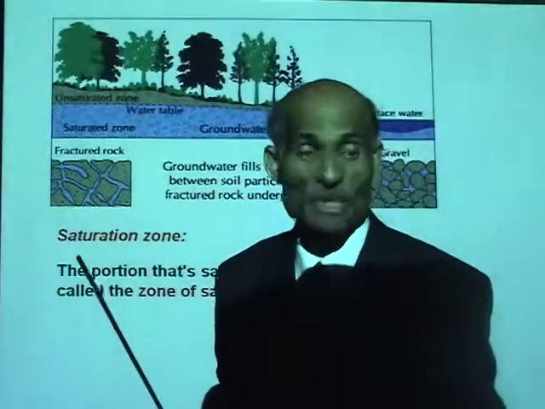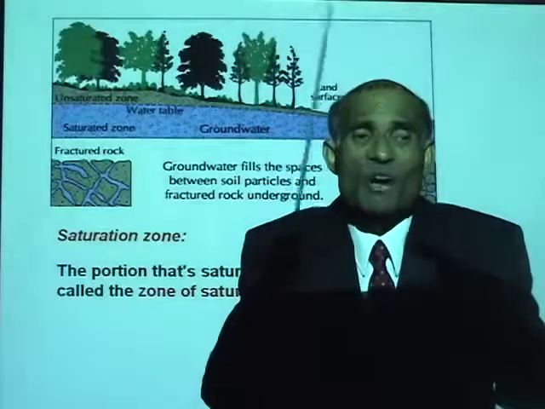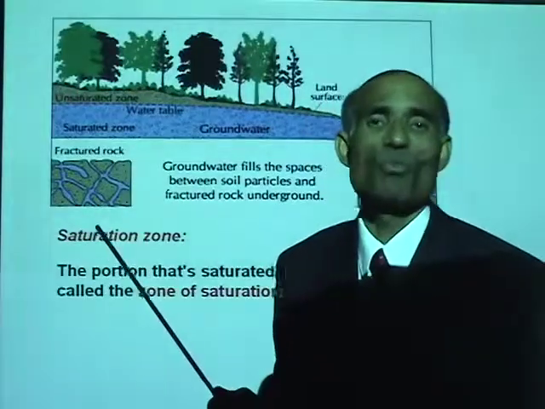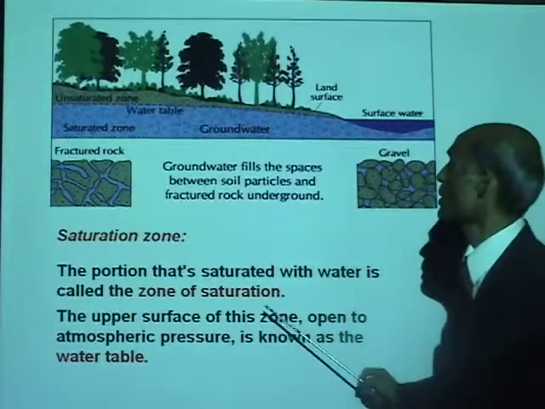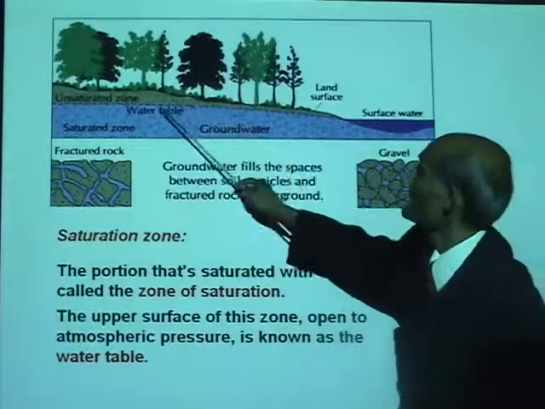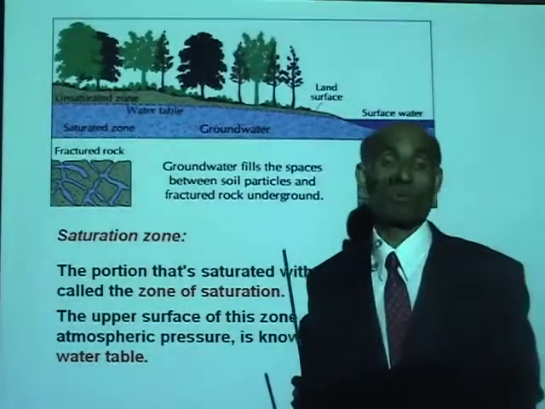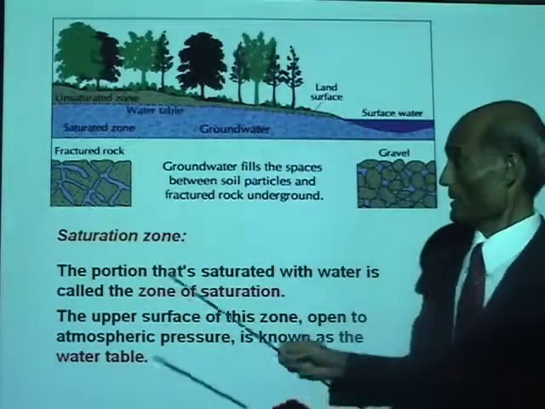It means the spaces between pebbles and sand and soil are all soaked in water. It is saturated in water. The upper surface of the zone, often open to the atmospheric pressure, is what is called the water table. So water table is the upper part of the saturation zone.